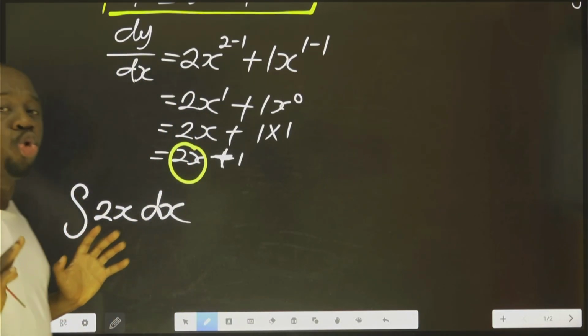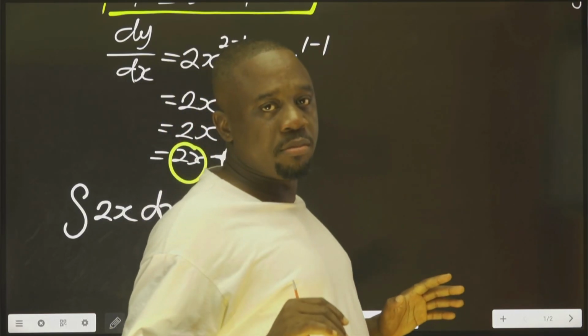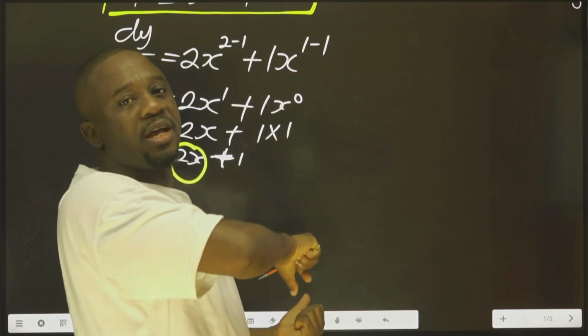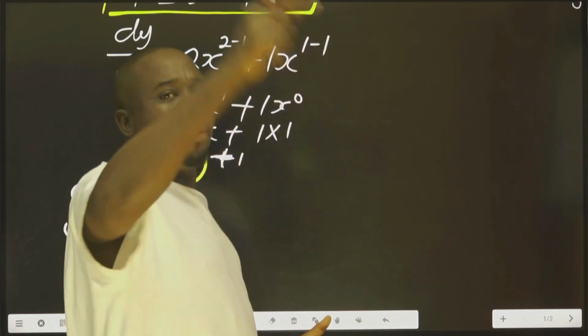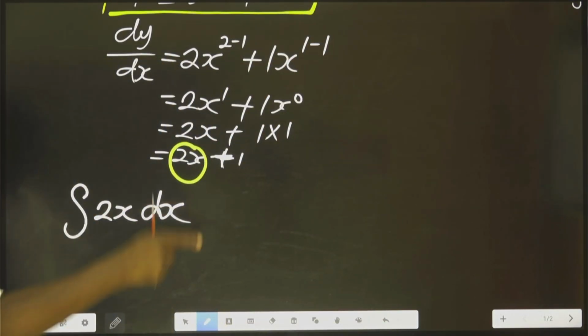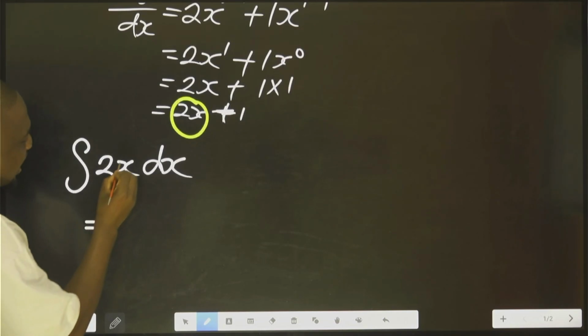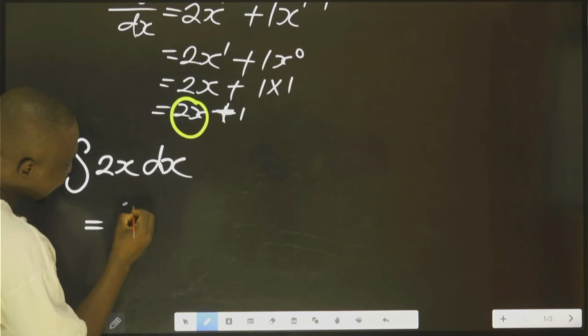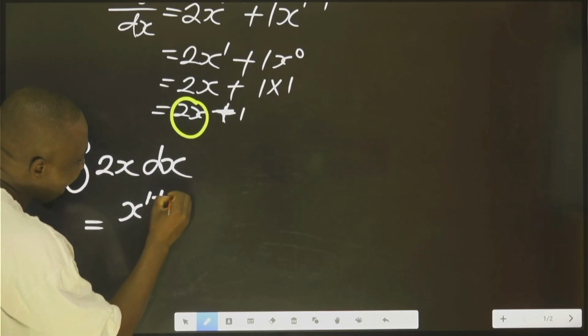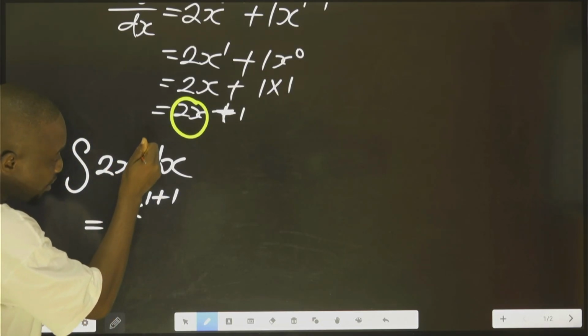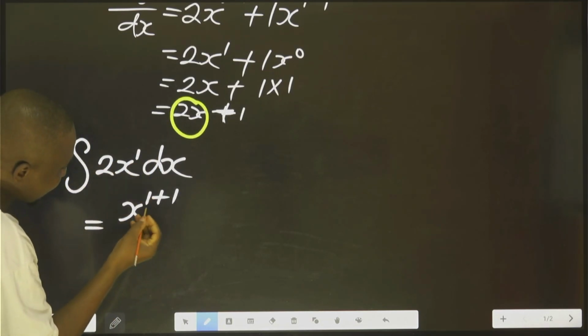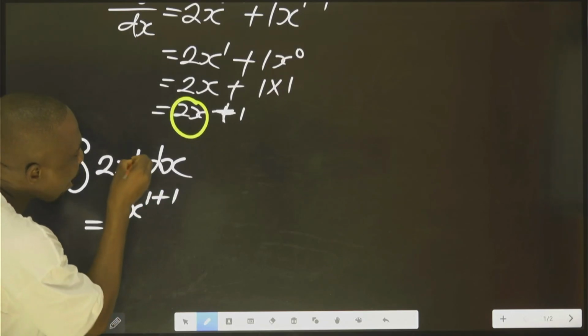All you need to do is to go back to where you are coming from. What brought you here? You were removing and bringing it down. Now, we are going to do the opposite. For this one, because we removed from here, this time, we are going to add 1. Remember, 1 is here already because there's nothing there, right? So we are going to add 1 to the 1 that is already here.